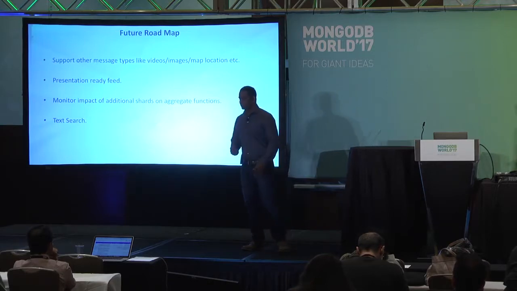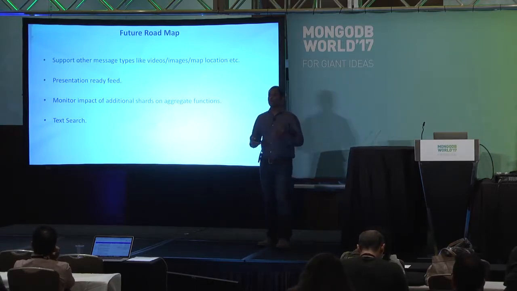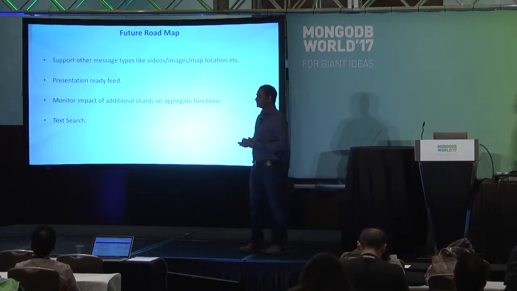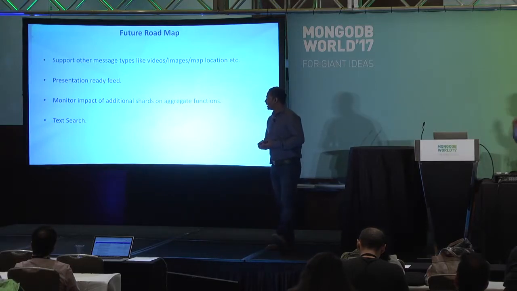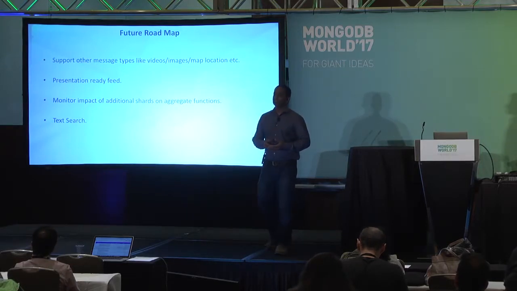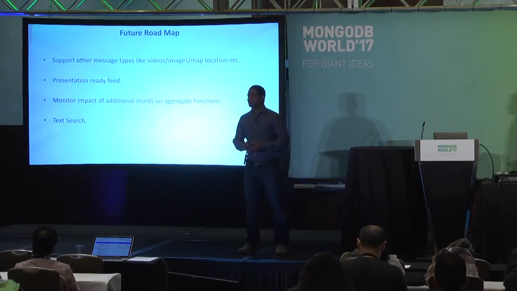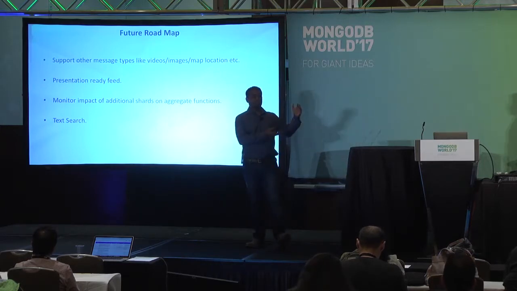So there are a few more things. Now it's proven that it can be a good store, so we wanted to bring in a few more use cases. Obviously, we wanted to support more message types like videos, images, maps, locations, or whatnot. And also, we are looking for a presentation-ready feed. If you look back a few slides, we are still aggregating at the API layer to present the conversation screen.